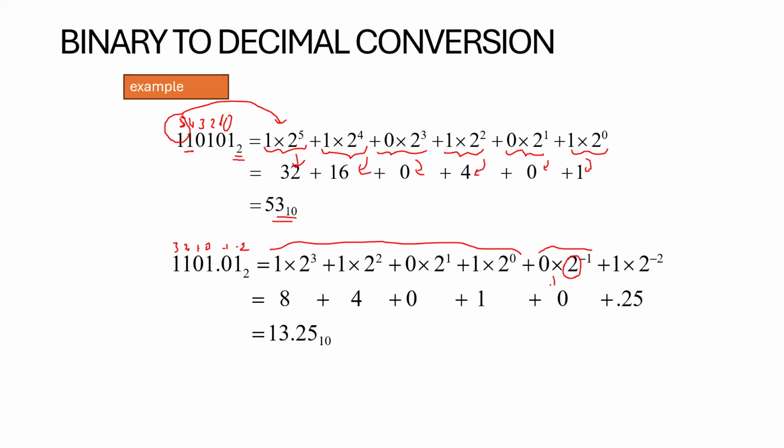Our result is 0 for this, but for this one, it will get this number. And by adding these values again, you can get this result. Is there any question? No? Great.